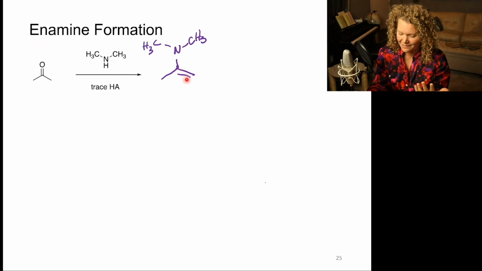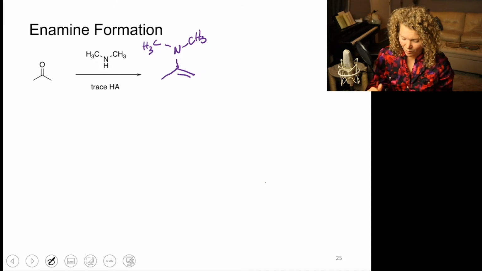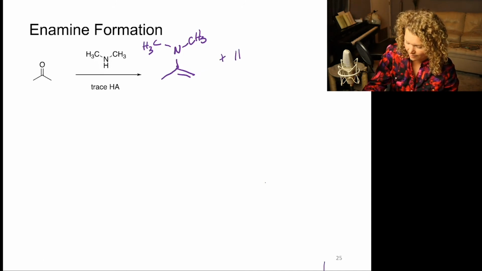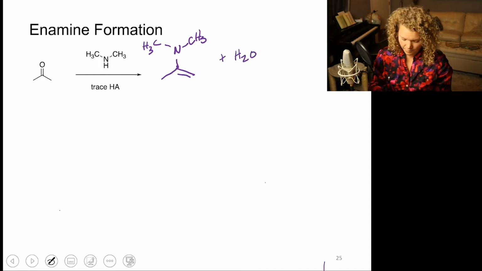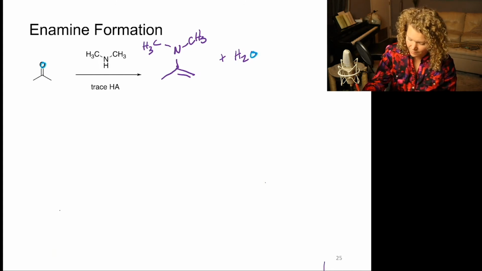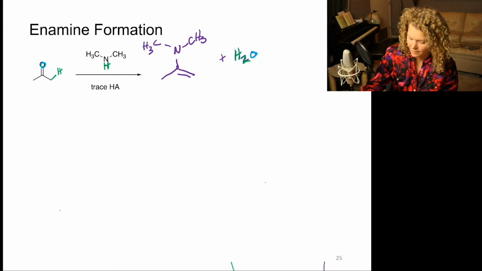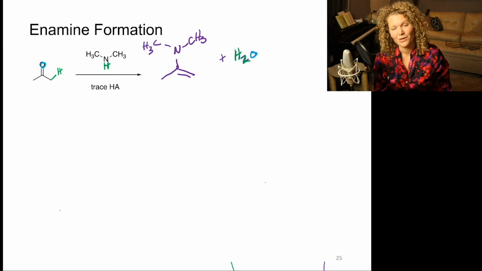And so here we've got this alkene and then a nitrogen bound where that carbonyl is. In these reactions, we also still lose water. The oxygen from our carbonyl is here in the water, and the hydrogens for our water come from our amine, and they also come from this carbonyl starting material.